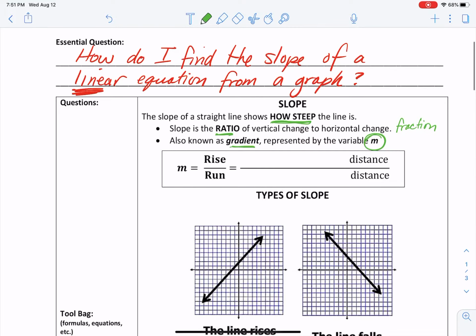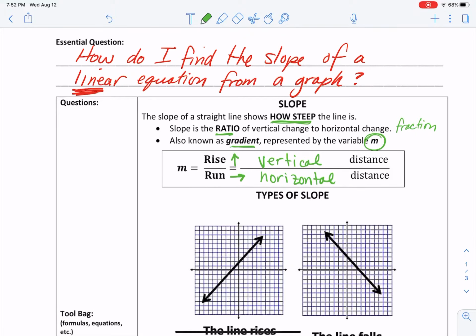We first talk about slope as the idea of rise over run. So rise generally goes up, and run generally goes to the right or sideways. We call that vertical distance and horizontal distance.